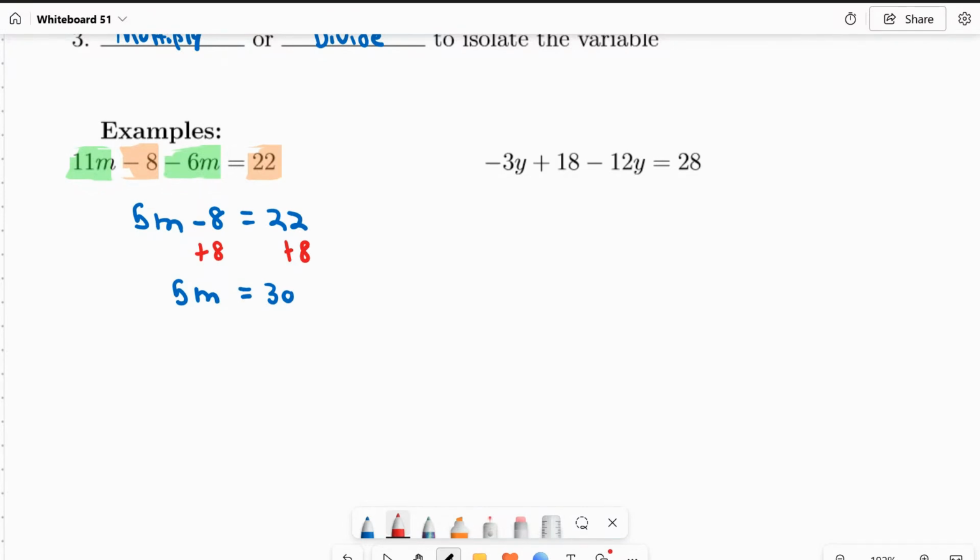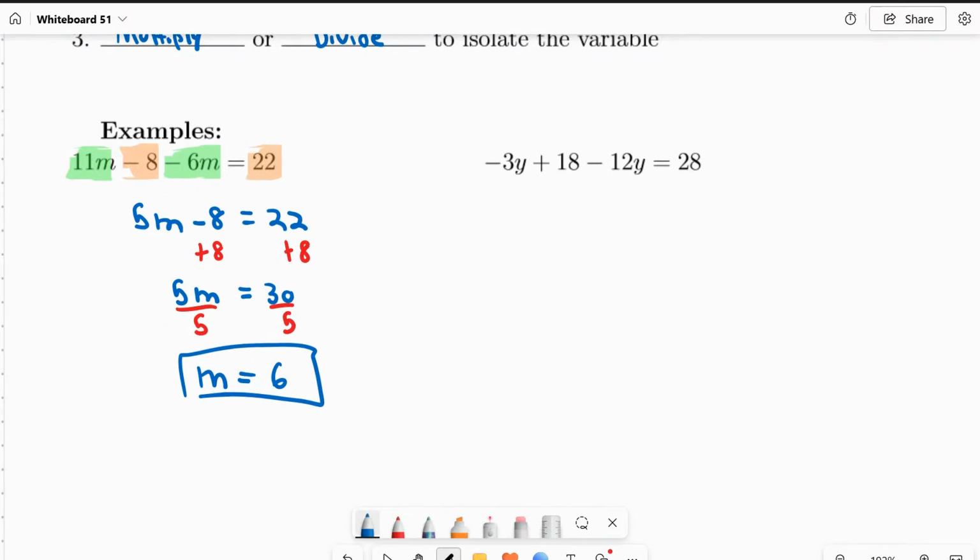Right now, I have 5 times m, so I'm going to divide by 5 on both sides. Okay, dividing by 5 here, I've got m equals 30 divided by 5, which gives me 6. Okay, very, very similar process with the one on the right. Give this a try on your own and come to class with questions if you have any.